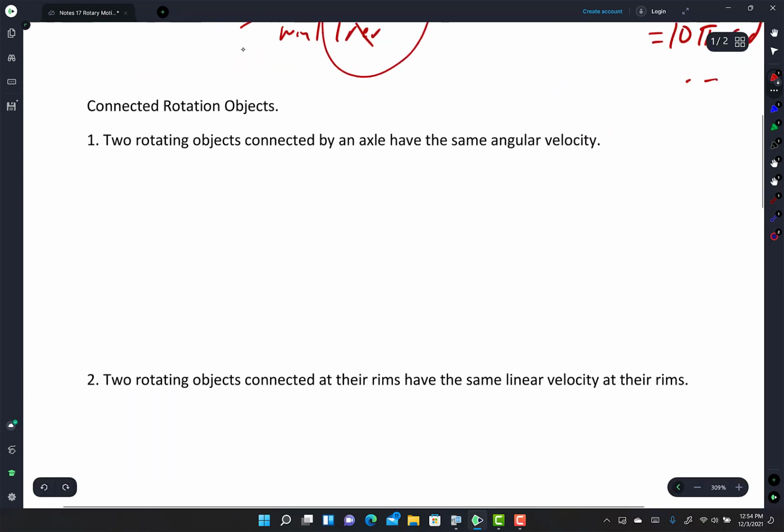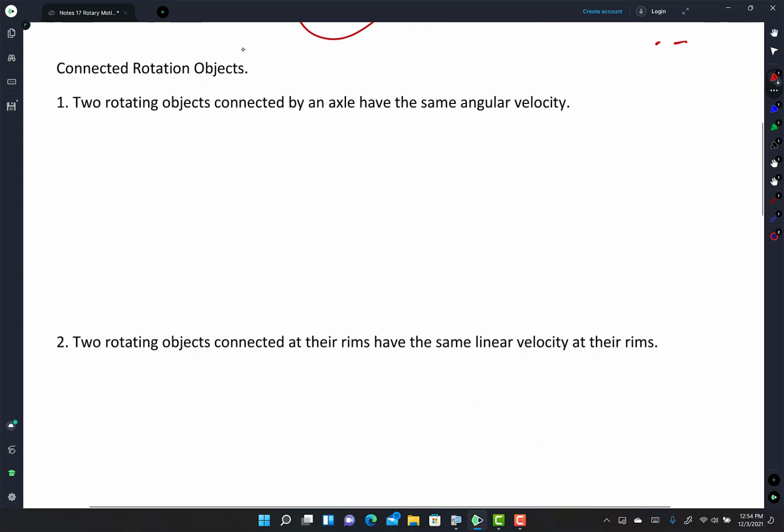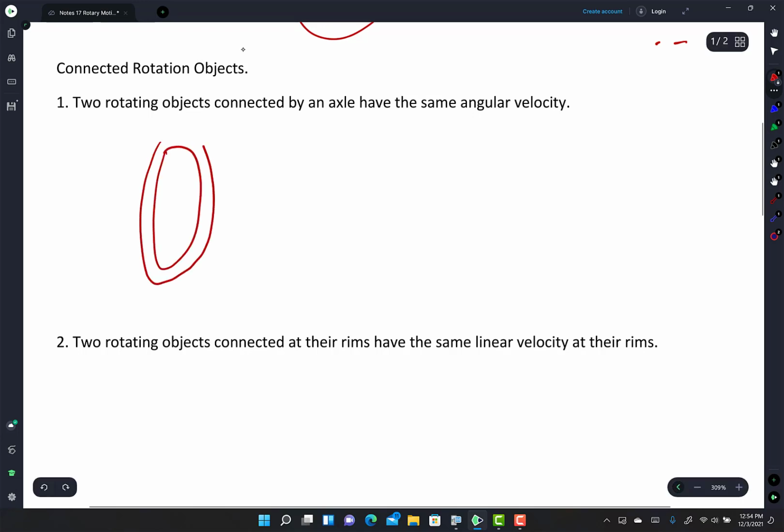All right, I'll do my best to draw. I'm not the best drawer. 2 rotating objects connected by an axle. So here is a wheel in 3D. I'm not very good at 3D there. Does that look like a wheel? It's connected to an axle. My axle is not super cool. Let me draw a better axle.